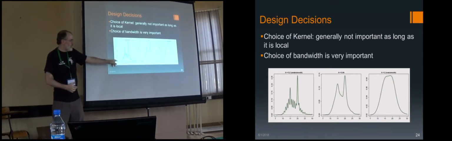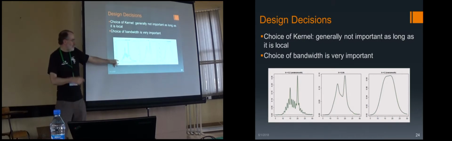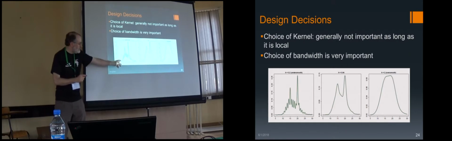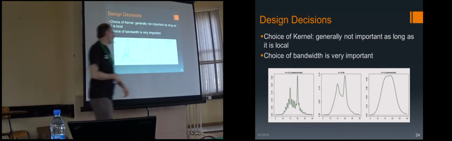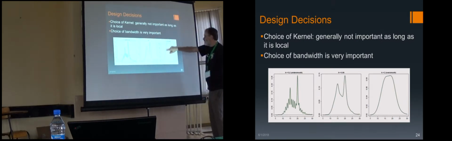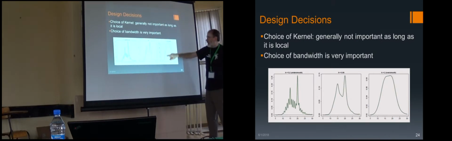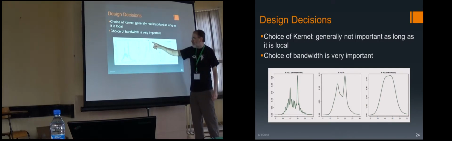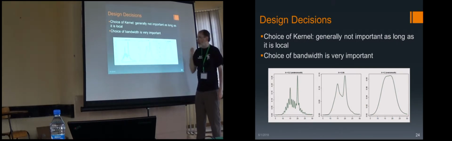If I set the kernel too narrow, then I get a very spiky distribution where you can see each of the original data points become one of these little spikes. If I set the kernel too wide, I get this big smooth thing. It just starts to look like a big Gaussian. And so somewhere in between is probably the right kernel width.